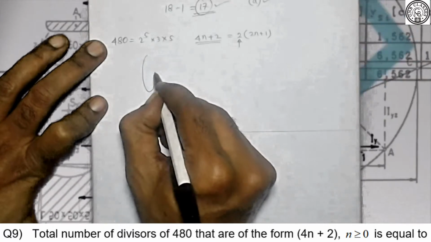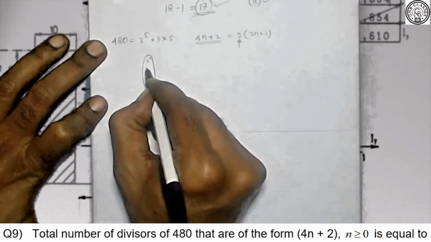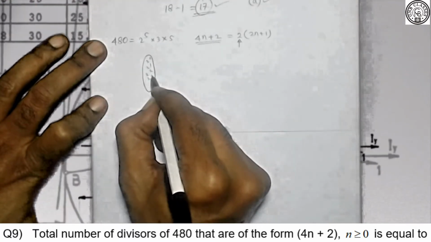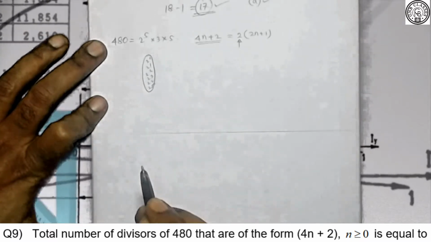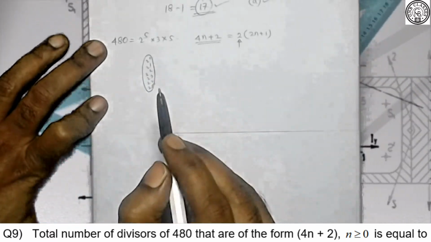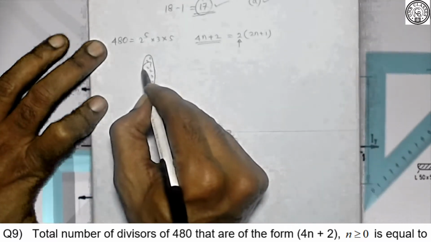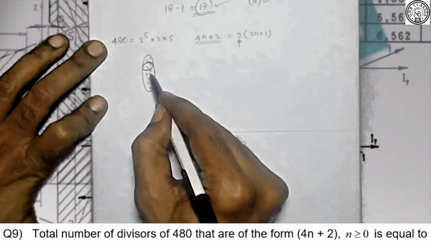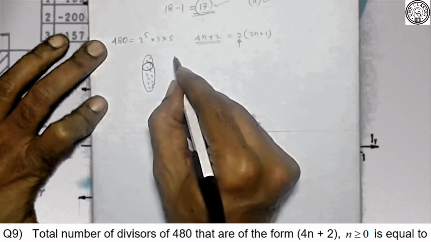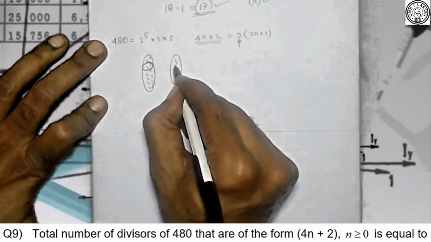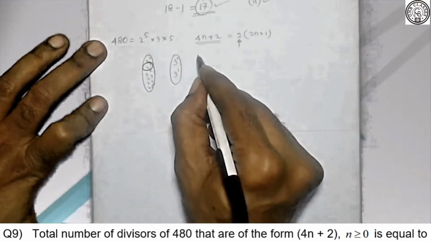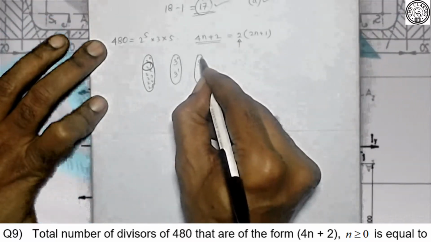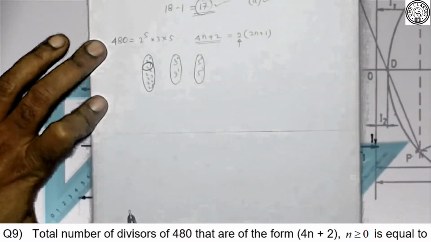So, in the first set, we have 2 to the power 0, 2 to the power 1, 2 squared, 2 cubed, 2 to the power 4, 2 to the power 5. But out of that, we are only going to choose 2 to the power 1, this element only. We will not choose the other elements. In the second set, we have 3 to the power 0 and 3 to the power 1. In the third set, we have 5 to the power 0 and 5 to the power 1.